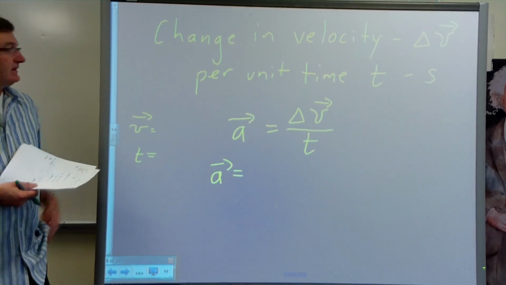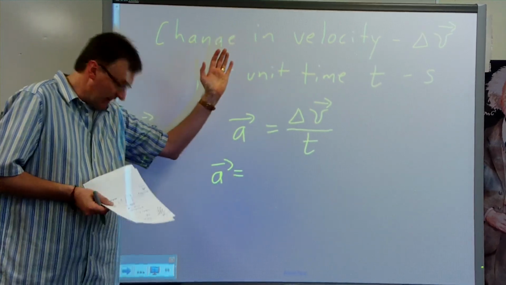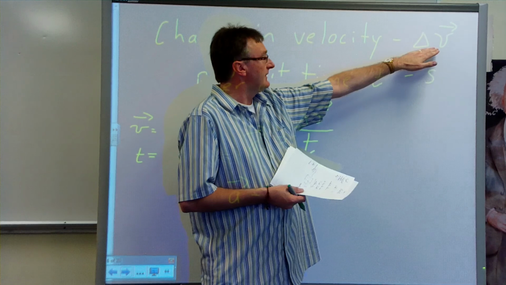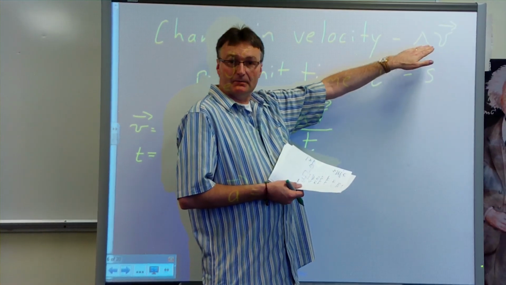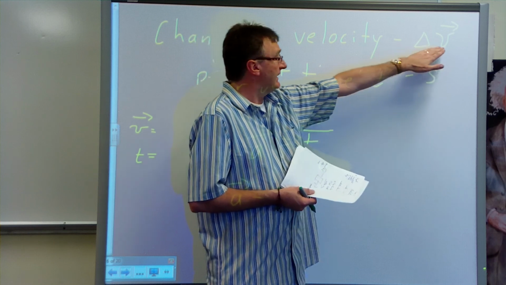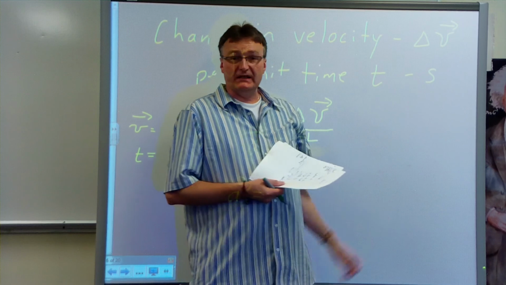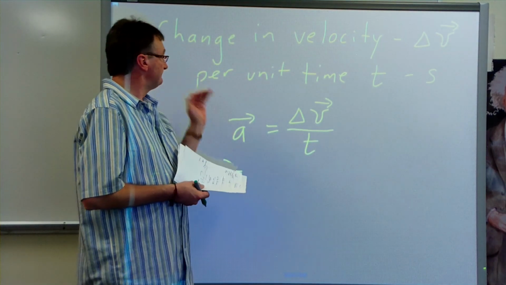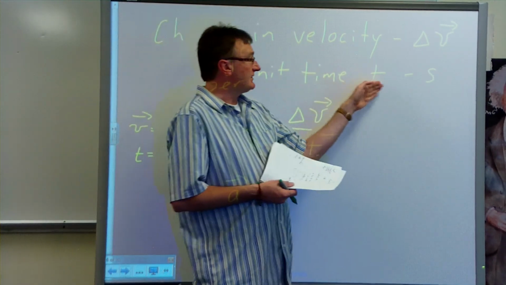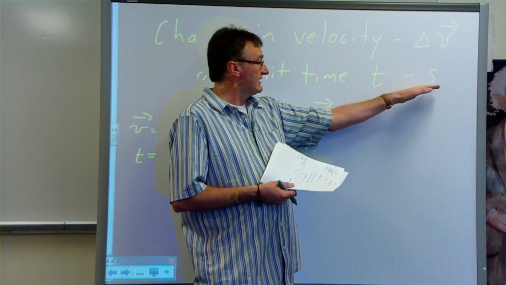So we said acceleration is change in velocity divided by, or per, unit of time. For change in velocity, we can use this symbol right here because the delta symbol means change in. So we can just write delta v, and again, it is velocity that we're talking about, so we need to use that vector symbol there. And it's per unit of time, which is in seconds. And again, time is not a vector, it is a scalar.